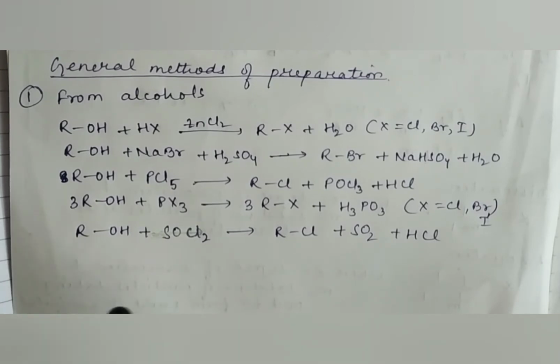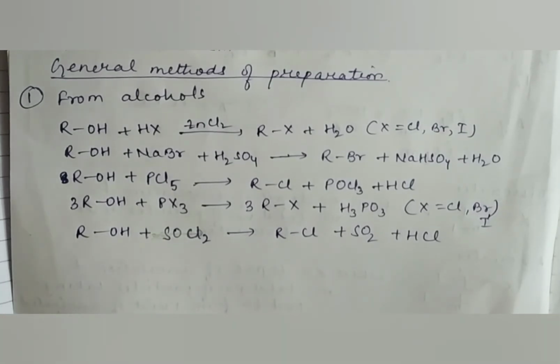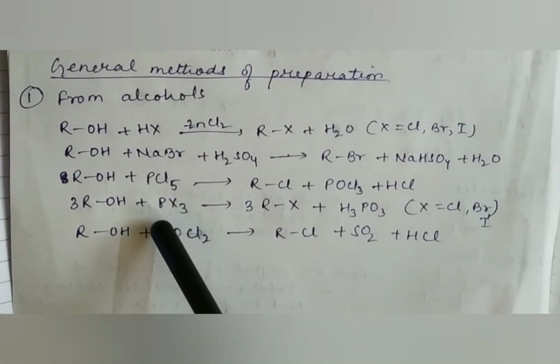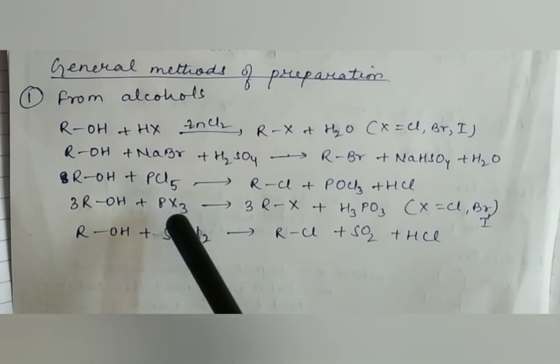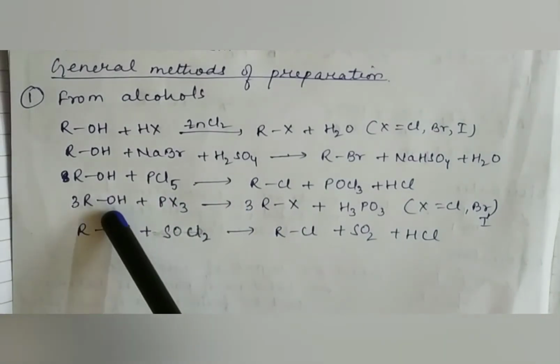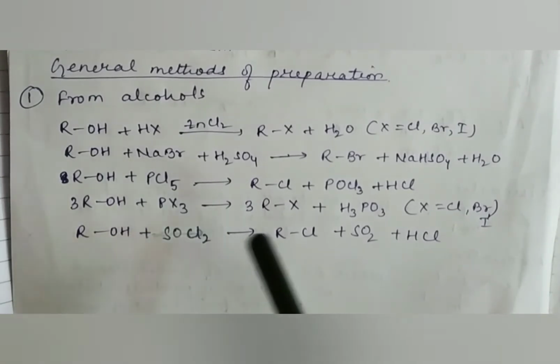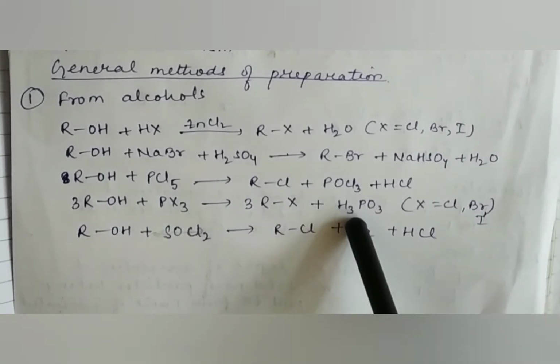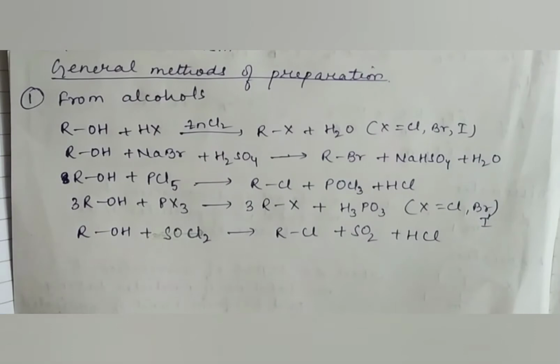Now if the example taken is again methanol, suppose let us take PX3 to be PBr3. So if we are treating methanol with PBr3, then we get bromomethane along with H3PO3 or phosphorus acid.